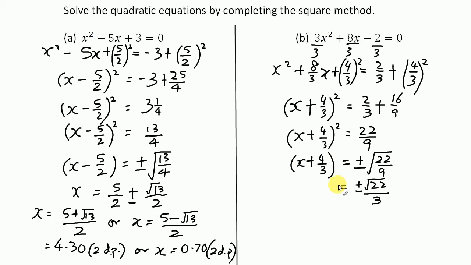Now let's bring the plus 4 over 3 to the right side. First, I'll write the bracket as it is.